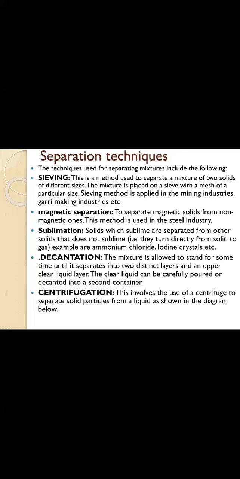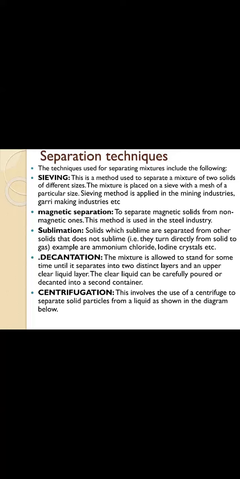We also have centrifugation. Centrifugation involves the use of a centrifuge. A centrifuge is a machine, and in most cases you can find a centrifuge at hospitals. It is usually used to separate tiny particles, or let me just say insoluble particles, in a solution.